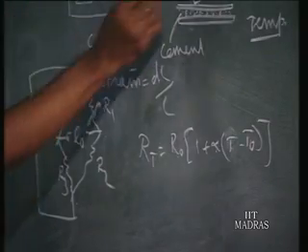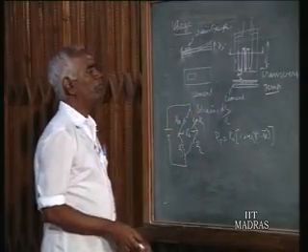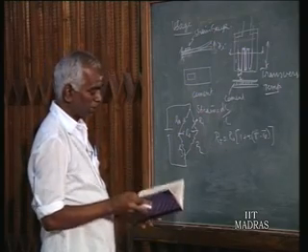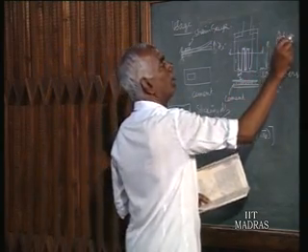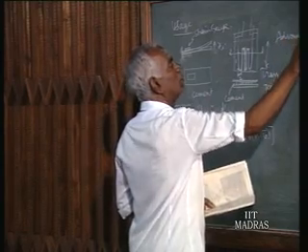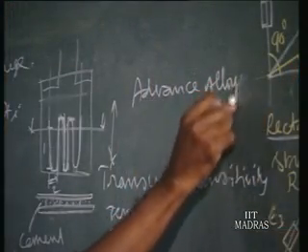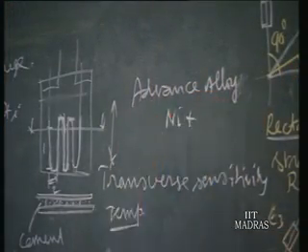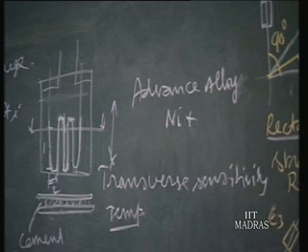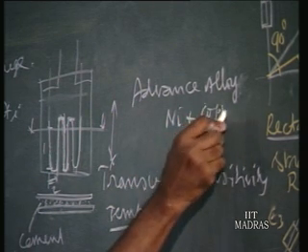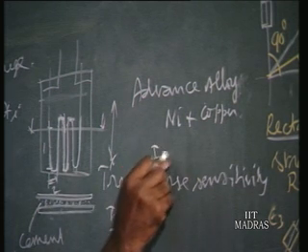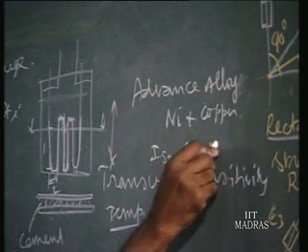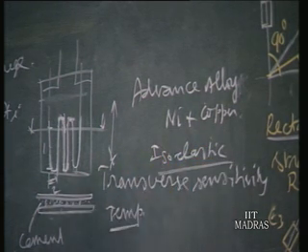There is one effect. Secondly, differential expansion. You will find there are 2 types of wire material. One is advance alloy, which is made up of nickel and copper, and the other one is isoelastic. These are the 2 types of material used for strain gauges.